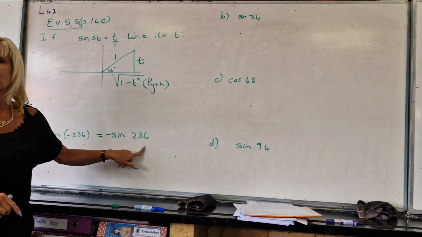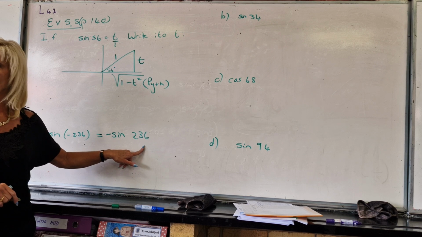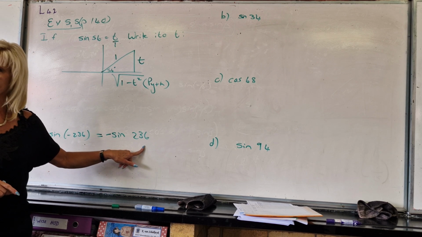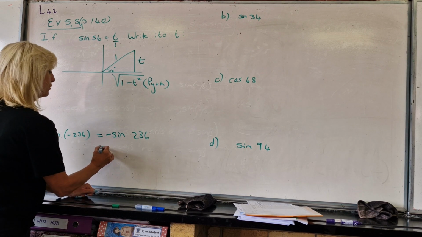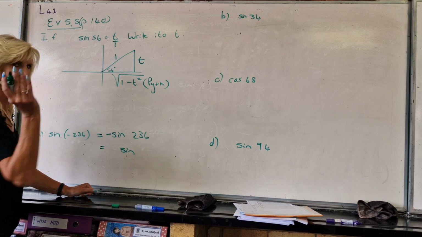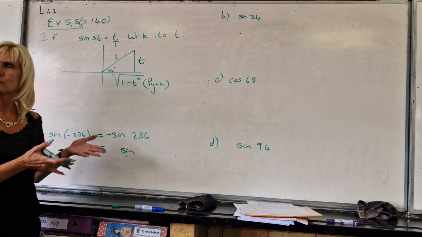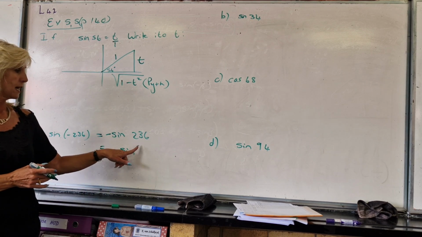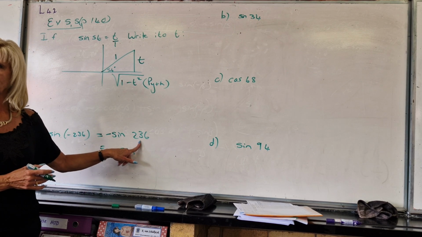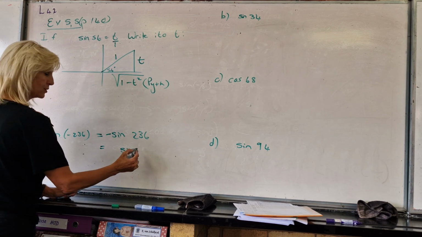So 236, is that a 180 minus or a 180 plus or a 360 minus? 180 plus. And if you make a mistake and try a 360 minus, you would have found that it's 100 and something, and that's not acute. So I'm trying the wrong one. So it's 180 plus what? 56, do you agree?